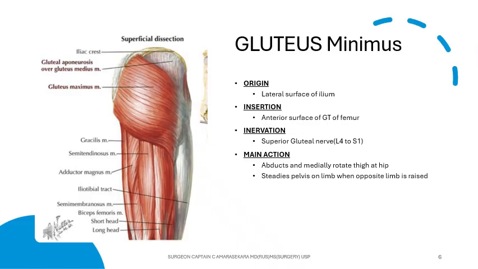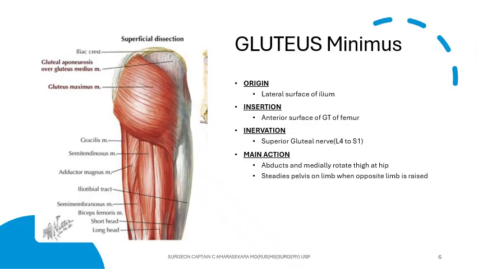It inserts onto the anterior surface of the greater trochanter of the femur. This anterior positioning allows it to contribute to the medial rotation of the thigh in addition to its primary role in abduction.